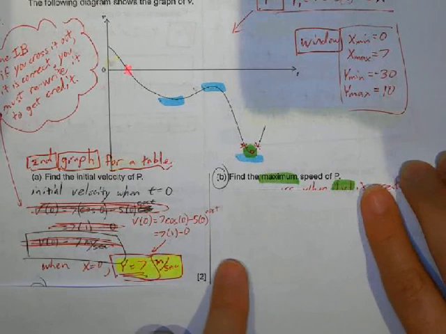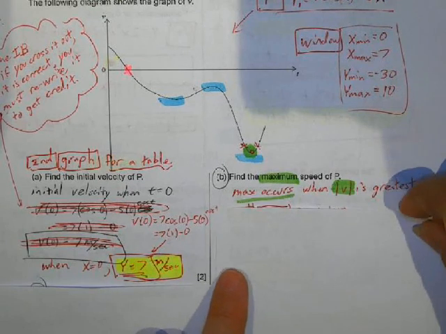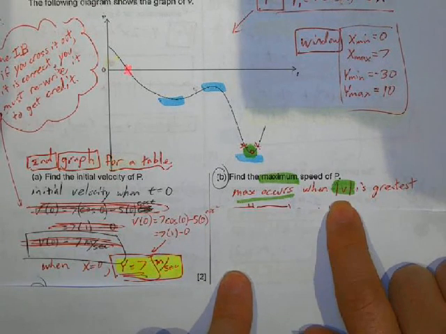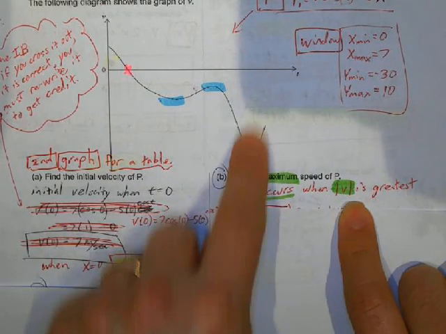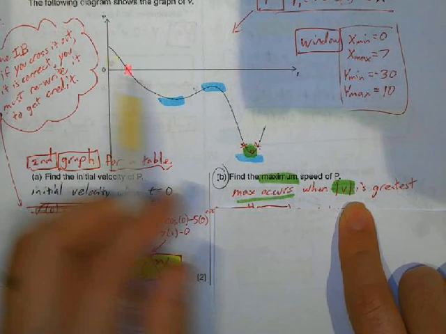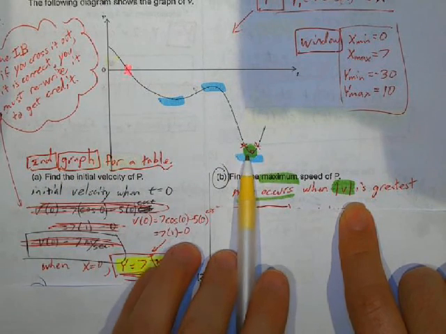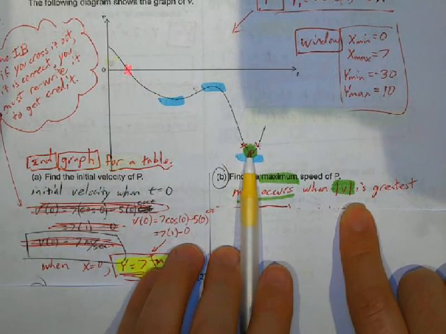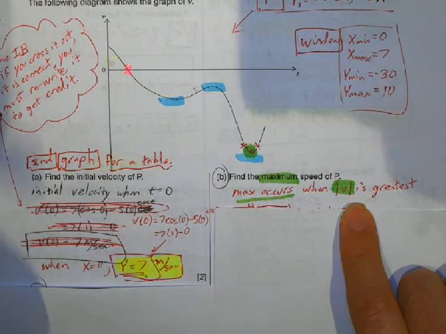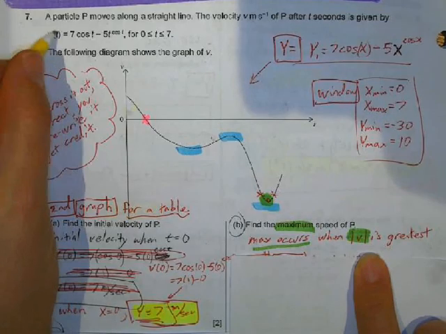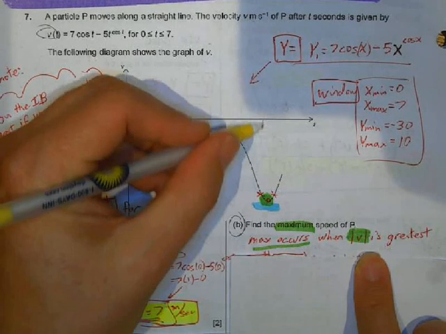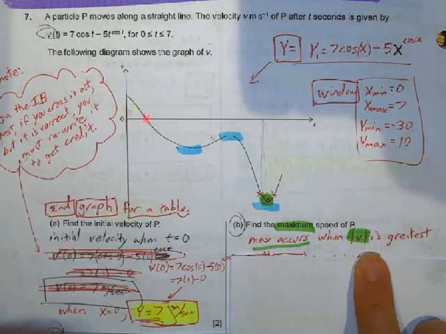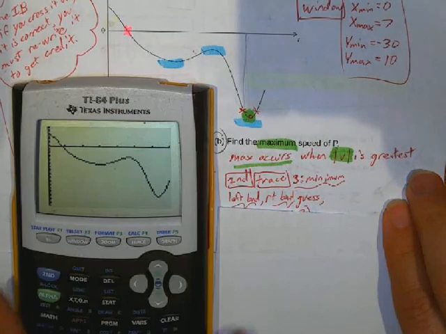Find the maximum speed of p. So the maximum speed occurs when the absolute value of v is greatest. Because this is my function for velocity, the greatest speed is going to be when this distance is greatest. I've got this already in my calculator.